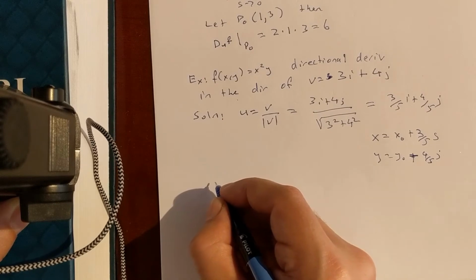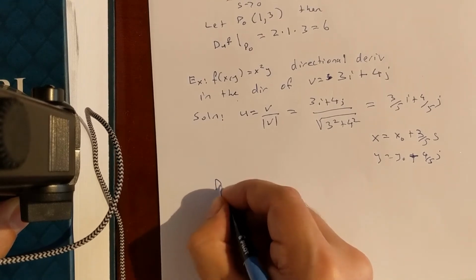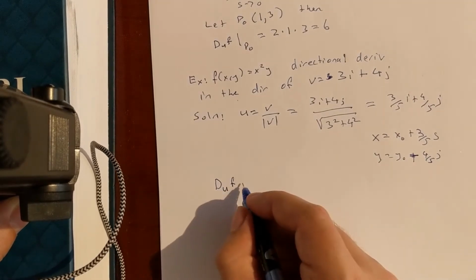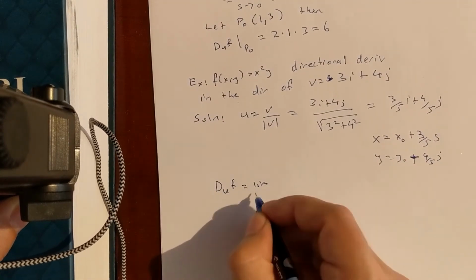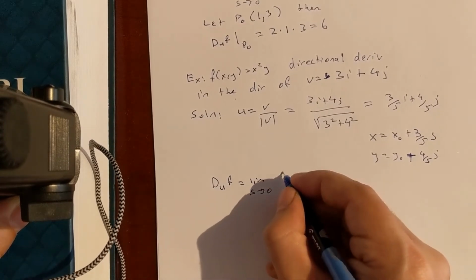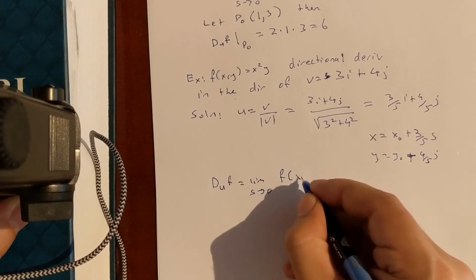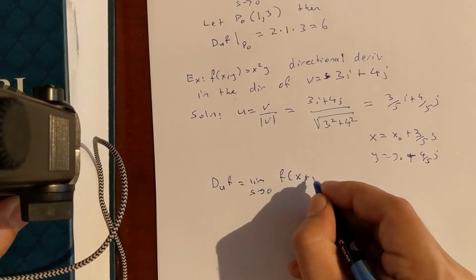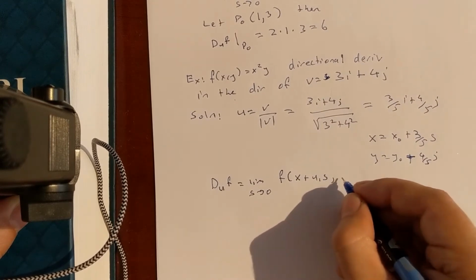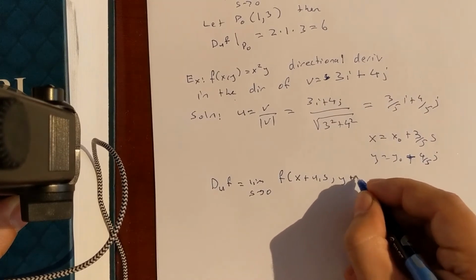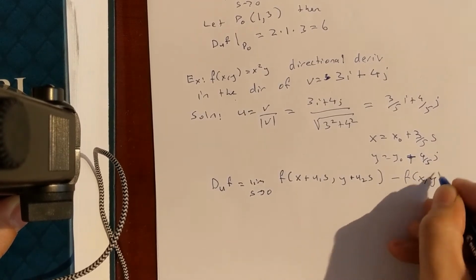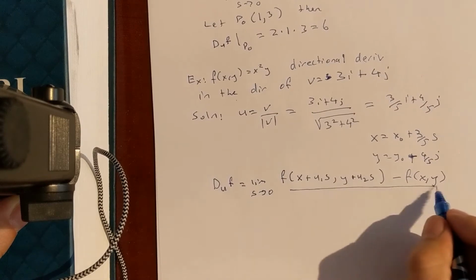The directional derivative of f in the direction of u is the limit as s goes to 0 of f of (x plus u1 s, y plus u2 s) minus f of xy, all over s.